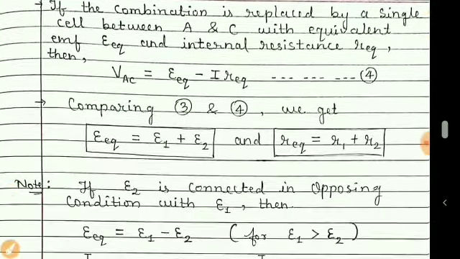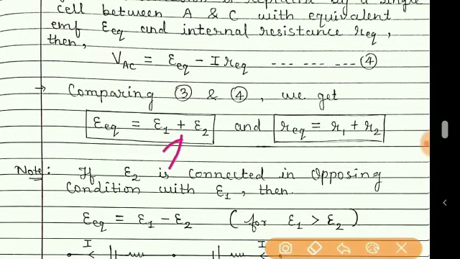Here it is positive, but if this is reversed, that means if this cell is connected in opposite, then we have to put a negative sign here, but resistance is always added. Here there will not be a negative sign, because across the resistor potential always drops, and that's why for a resistor there cannot be a negative sign here.